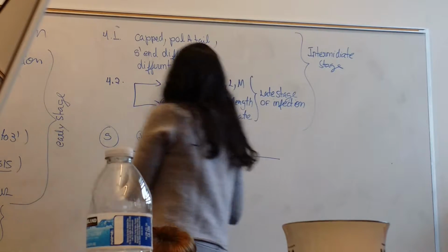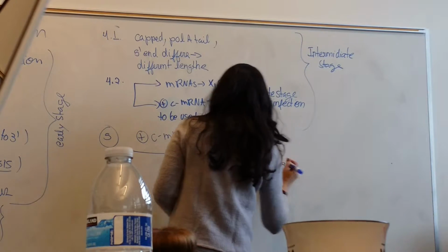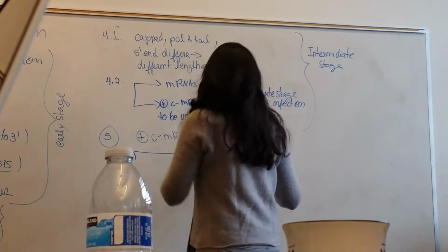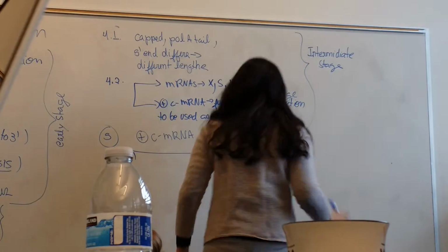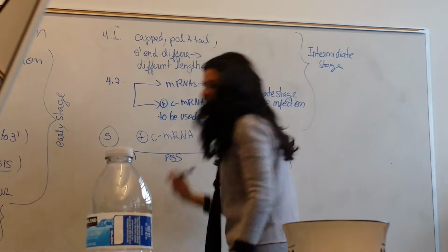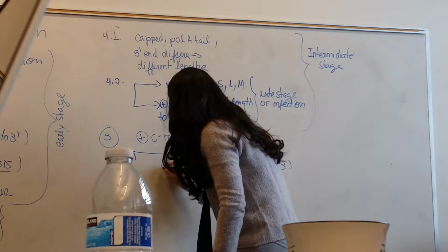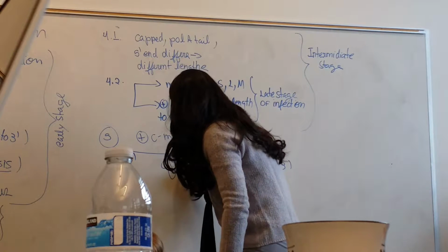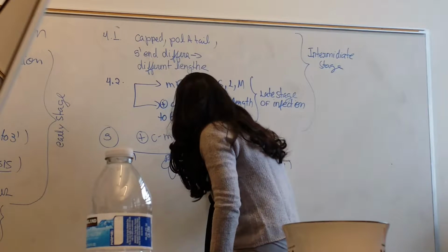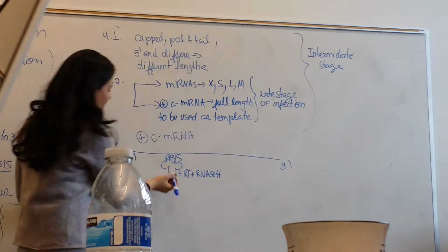So we have a full-length messenger RNA that I am going to put 3' to 5'. Then on this full-length messenger RNA, I'm going to put a PBS sequence because that's familiar for you. We know that. And then we have a transfer RNA that binds, plus our RT plus RNase H. So then it is binding to the 3'.